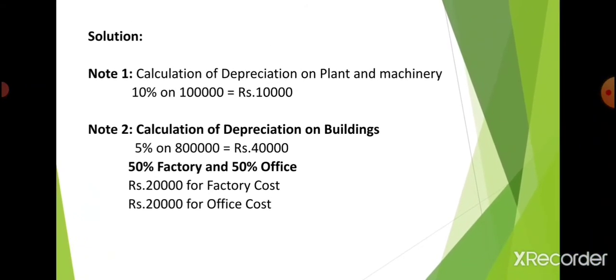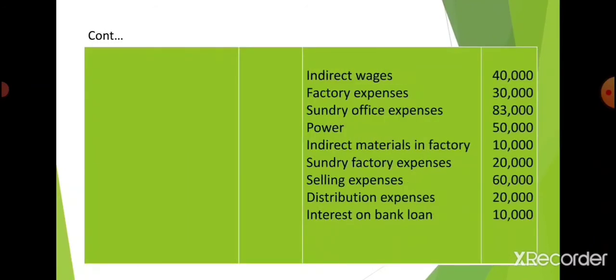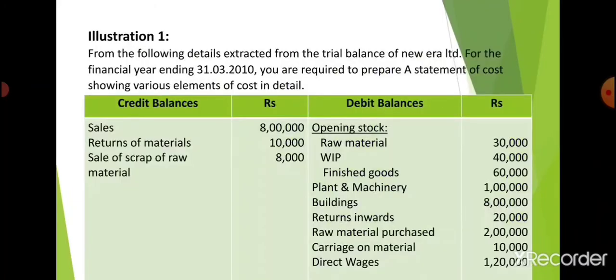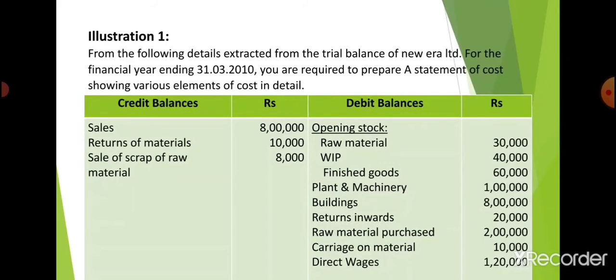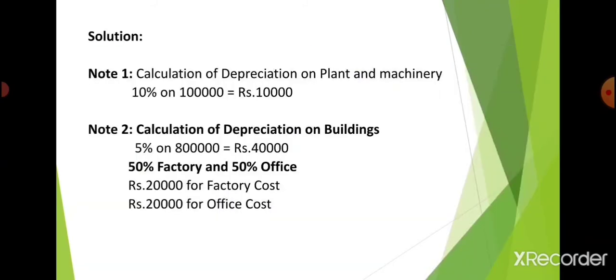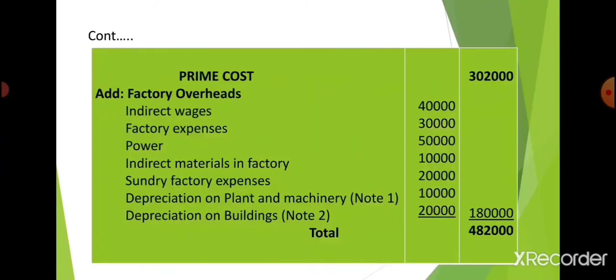So here depreciation on plant and machinery, depreciation on buildings 20,000, and then indirect wages, factory expenses, and then power, indirect materials in factory, and then here there are no more factory overhead expenses. So these are all the factory overheads.